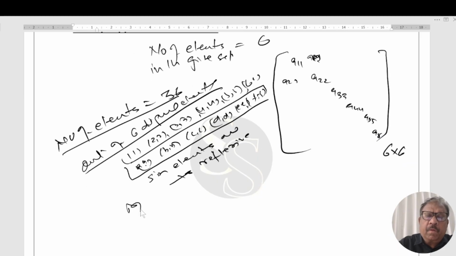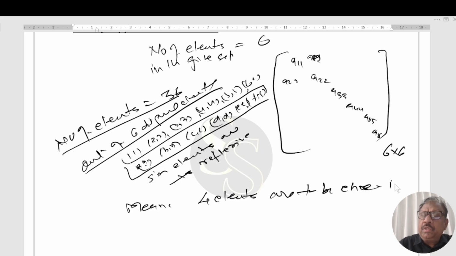And R contains exactly 10 elements. Means 4 elements are to be chosen. That is 2 pairs of type a21 and a12.